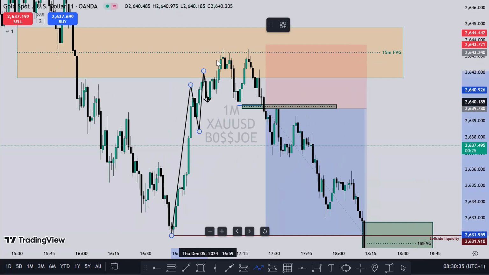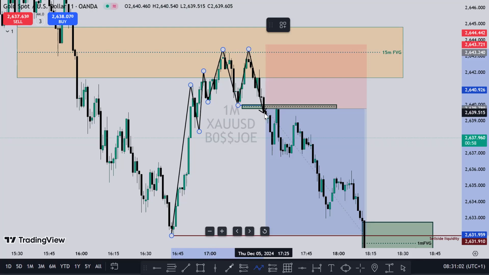It moves up, came down. Then it moved up again and swept this high. Once it swept this high, we say this other low now is very crucial. So price came back and broke this low with this candlestick right here. Once price breaks this low, it simply means there's a break in market structure.